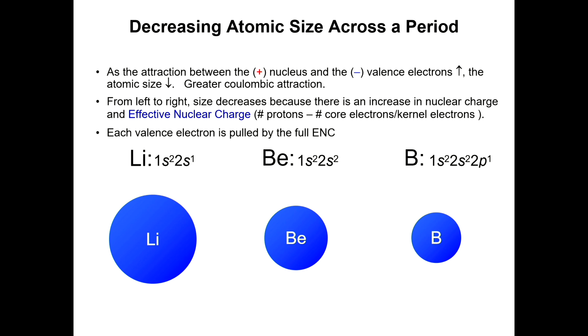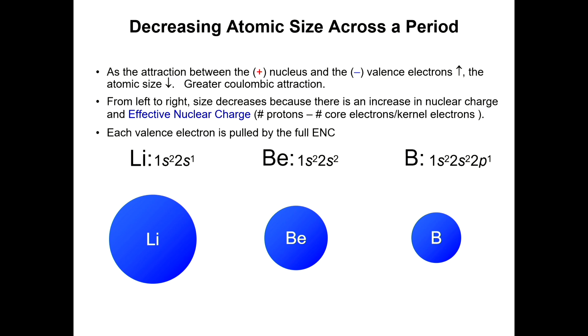As the attraction between the nucleus and the valence electrons increases, the atomic size will decrease.